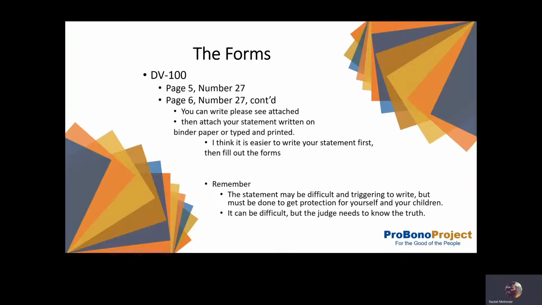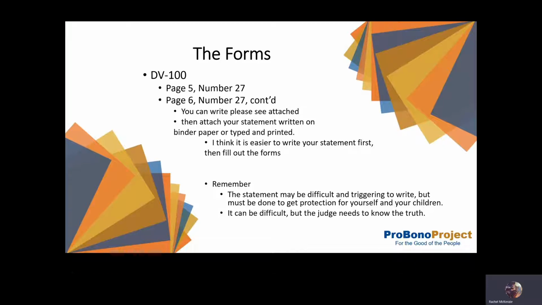First of all, on the forms, you'll see on DV 100, that's the actual form you make your request on, several times, such as on page 5 and 6, number 27, you'll see that it wants you to write about certain instances that might have happened. Sometimes it's easier to write your statement first, and then when you fill in the forms, you can write, "Please see attached."